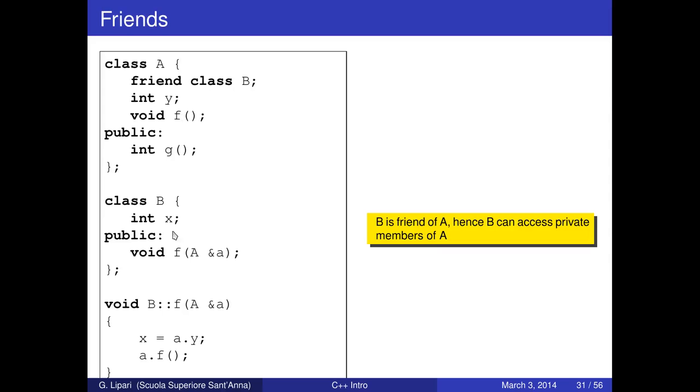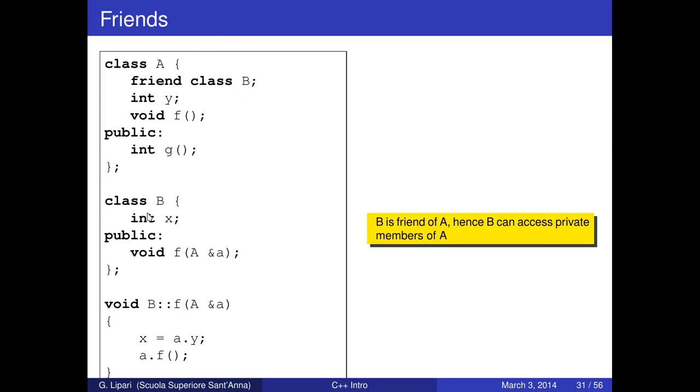So class B can access the private data of class A and the private function of class A. In particular, here you can see that B defines a function f, and it can access y and f without any problem, because I declared that B is a friend of A.